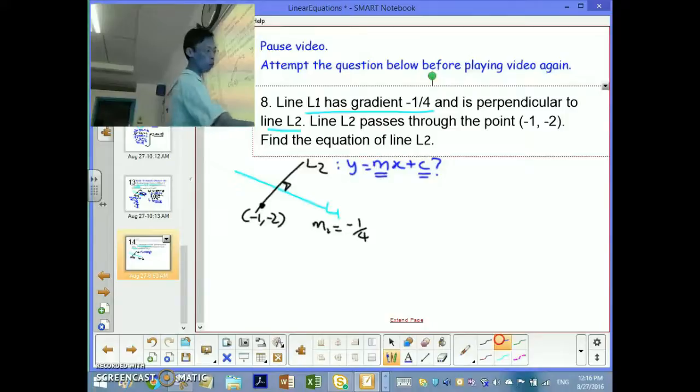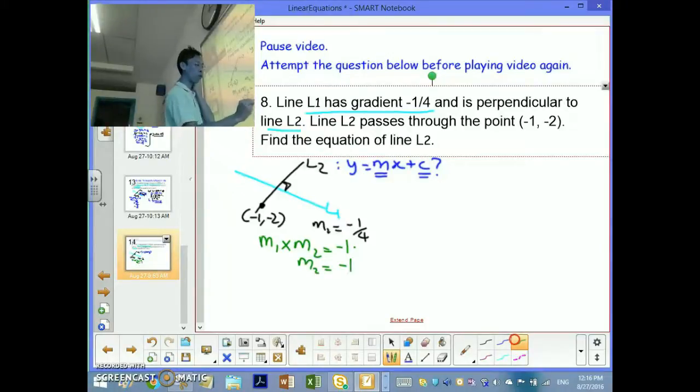Well, luckily we know something, that is m1 times m2 is equal to negative 1 for two lines that are perpendicular to each other. Therefore, m2 is equal to negative 1 over m1. Therefore, this is negative 1 over negative a quarter. That is, m2 is just going to be 4.